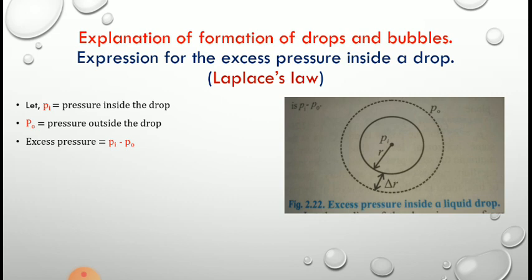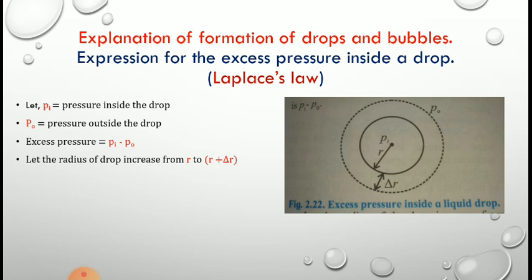Now suppose the radius of the drop increases from r to r plus delta r. So there is a small increase in the radius which is represented by delta r. So delta r is very small, so that the pressure inside the drop remains almost constant. That is the consideration we have taken here.